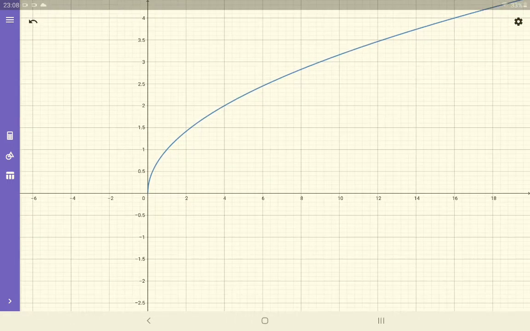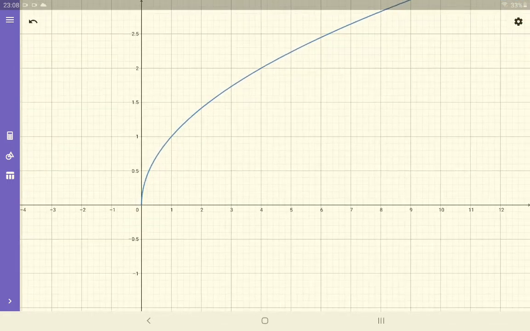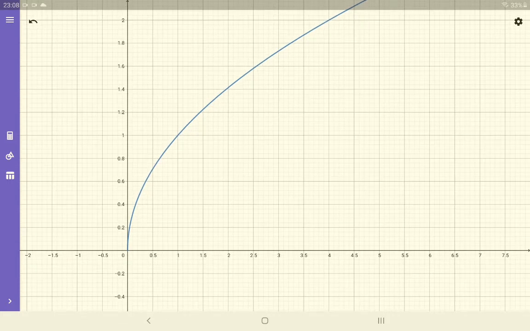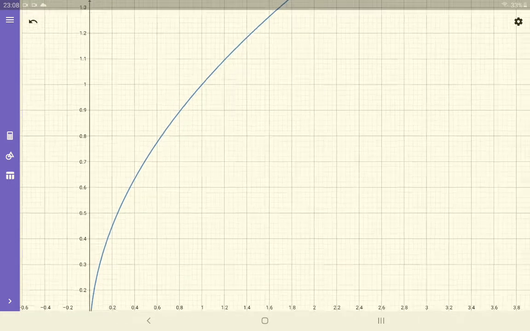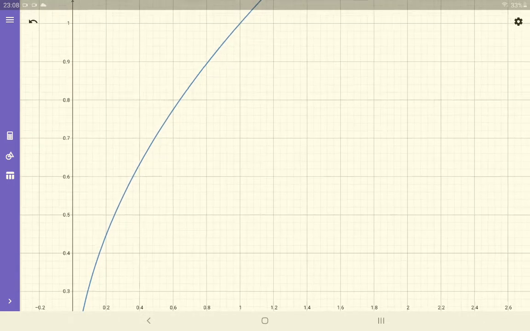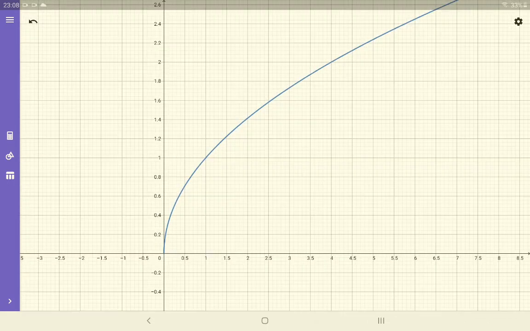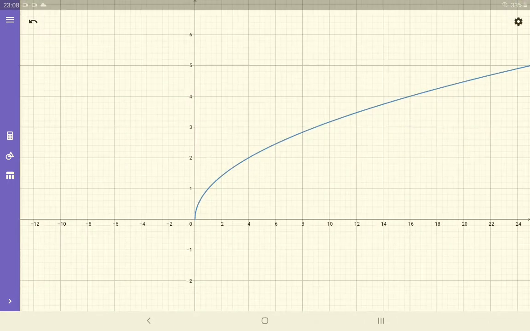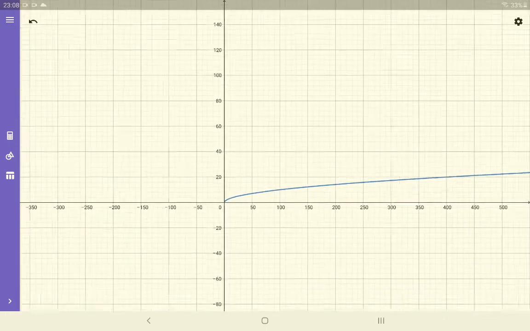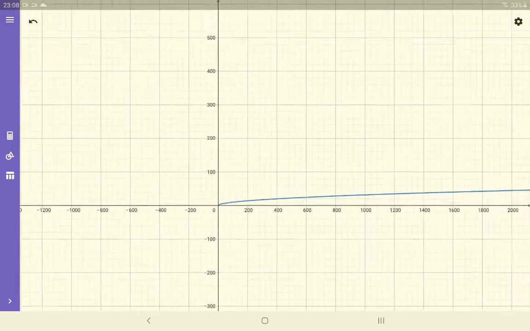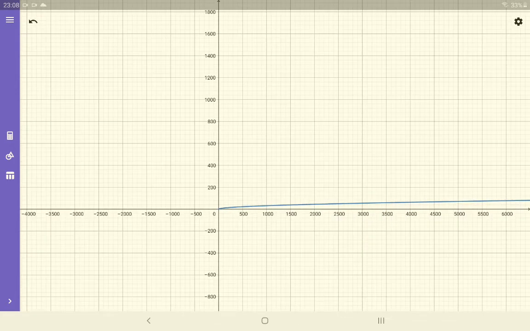If you have the xy plane, how it works, you can see the values 0.1, 0.01, 0.001. It works like this. You can create your square root function.